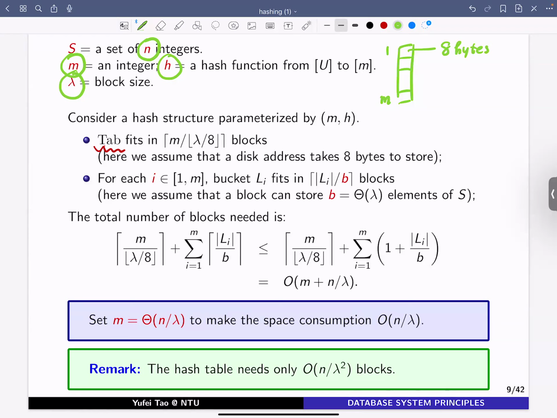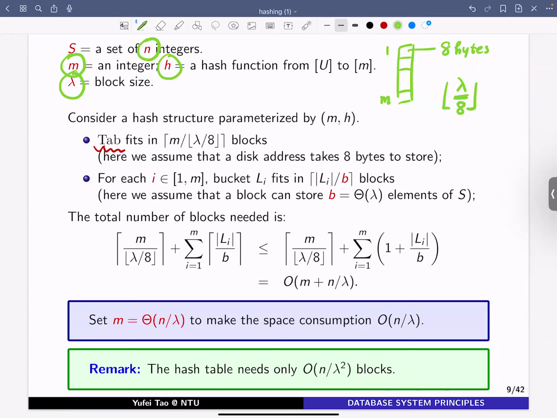So if you need 8 bytes to represent an address, and a block has lambda bytes, right? So how many entries can you pack into one block? Well, the answer is lambda over 8, right? You also need to be taking the floor, okay?